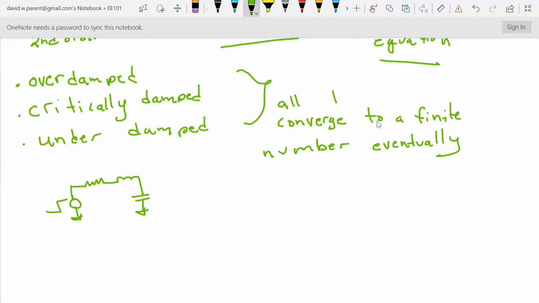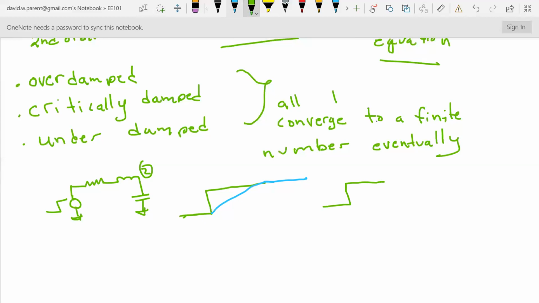If I put in a step voltage, and this is node 2, the overdamped system is going to start rising, and it doesn't overshoot. But eventually it converges at, in this case, 1.